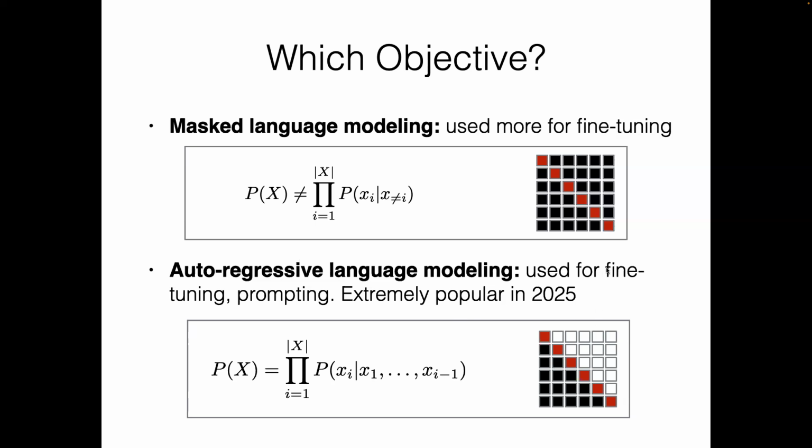This one is also used for fine tuning, but it also has these generation capabilities. And people have also discovered this ability to prompt these models to use them for different tasks. And now we're in 2025, and broadly speaking, this auto-regressive language modeling pre-training is the popular thing to do right now.